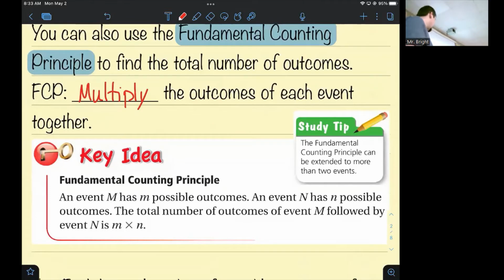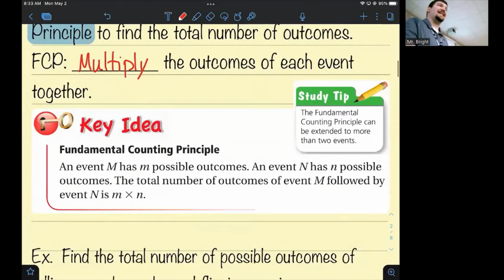So if event M has M outcomes and event N has N outcomes, you're just going to multiply those 2 together to find the total number. And that works for events where you have 3 or more events. If I have, for example, more styles of meats and veggies for my pizza, I could multiply by bigger numbers and multiply by a series of 3 or even 4 numbers as well.